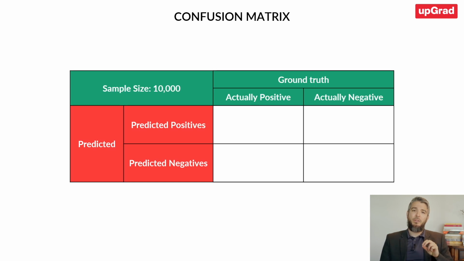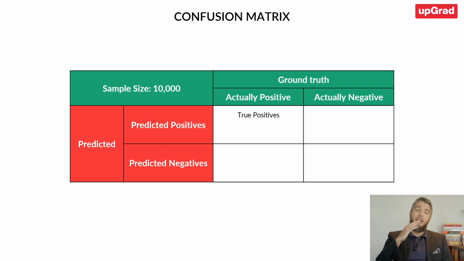So let's start with the uppermost left quadrant. That's called the true positives quadrant. That's where our algorithm predicted that users will default, and those were the actual users that defaulted in the real data. Right? So ideally, we would want every single person that defaulted to be predicted as having defaulted.